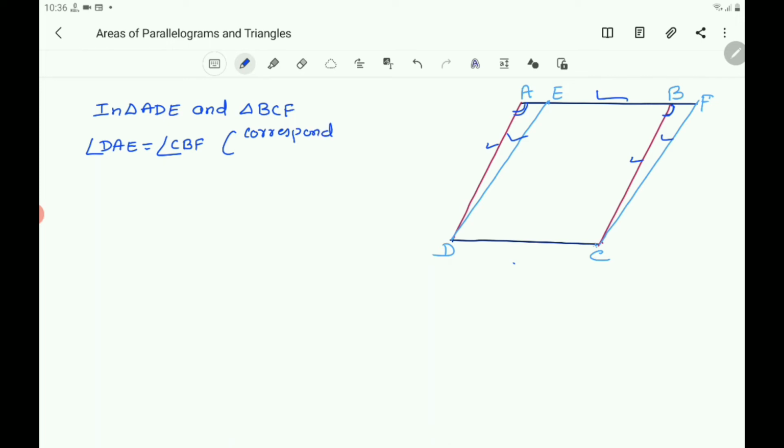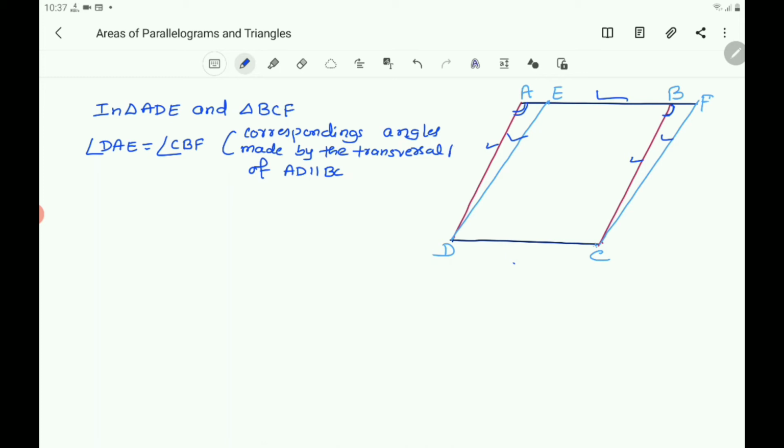Corresponding angles made by the transversal of AD parallel to BC. Which transversal?